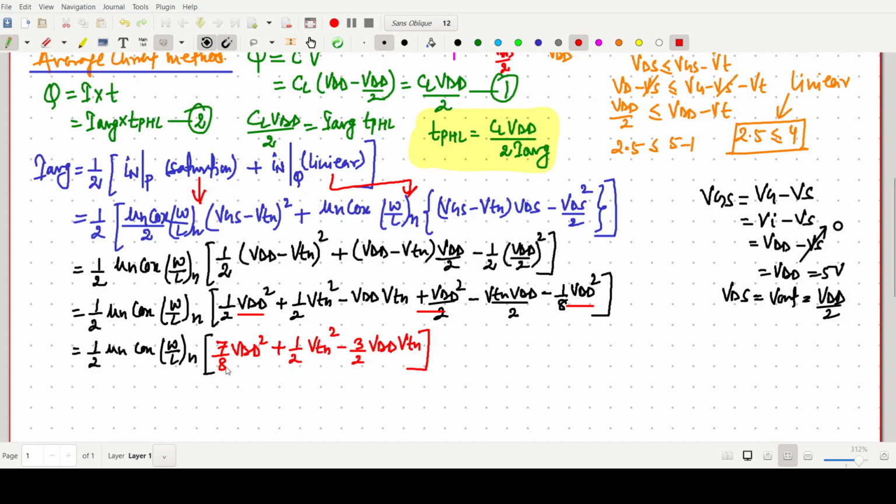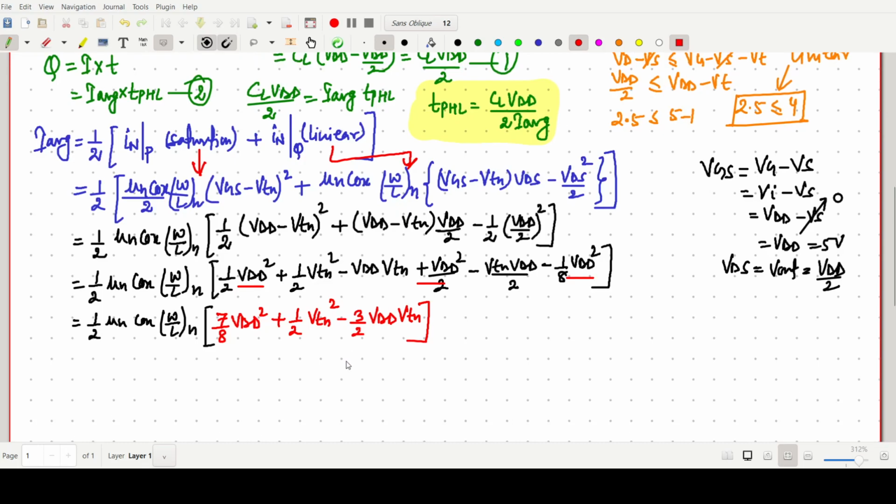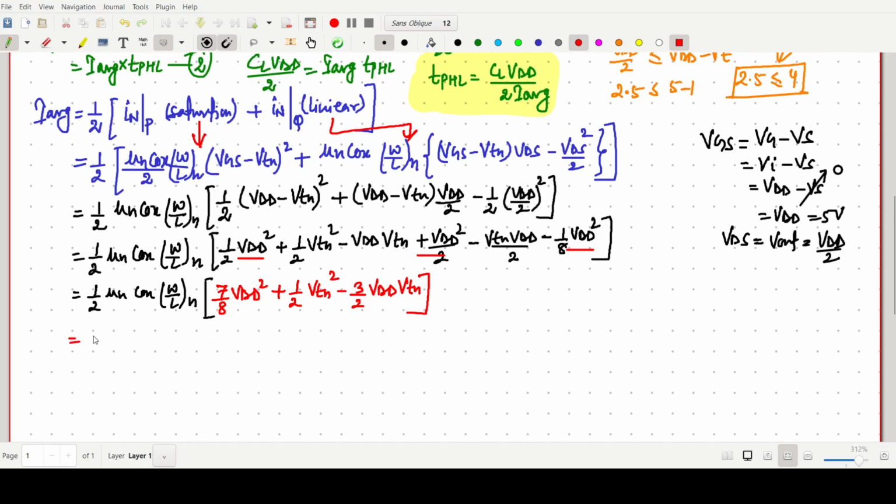Now we can take 2 common from the denominator. So I am taking 2 common, so one can write 1 by 4 mu n cox w by l of n, 7 by 4 VDD square plus VTN square minus 3 VDD VTN.